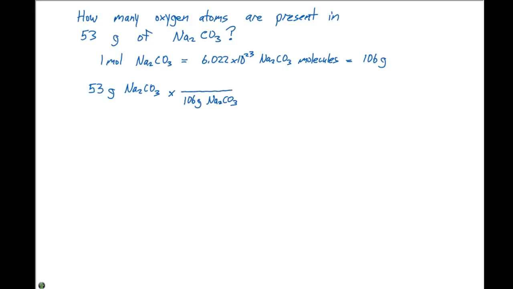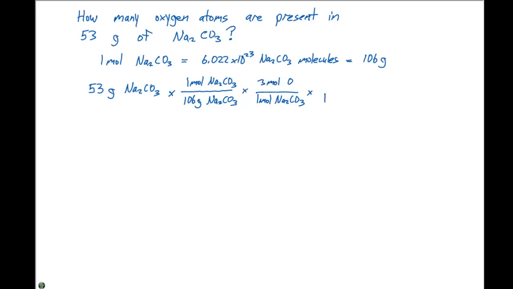Then in the numerator, we have 1 mole of Na2CO3. We also know that for every 1 mole of Na2CO3, there are 3 moles of oxygen, because there's 3 oxygens in this particular formula.